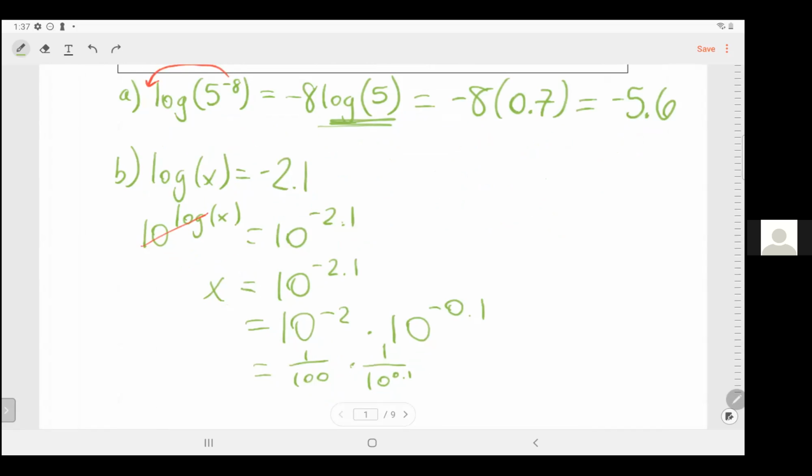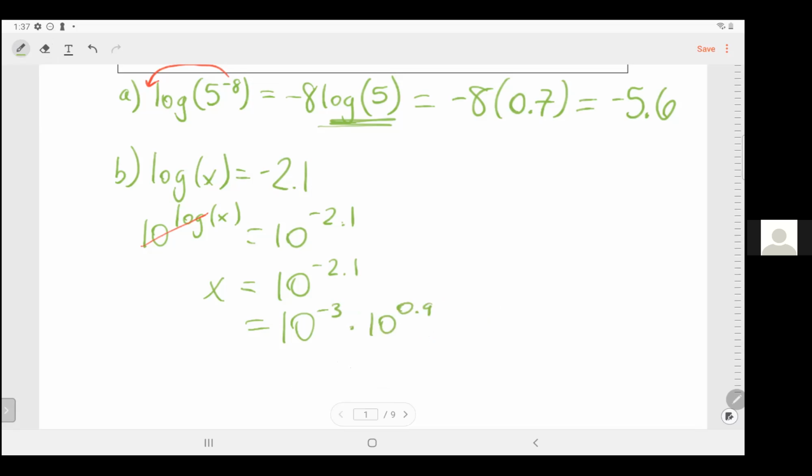Okay, I want to show an alternative really quickly. So alternatively, I could have done something a little different. And I think I like this way a little bit better. I could have broken it up as 10 to the negative 3 times 10 to the positive 0.9.